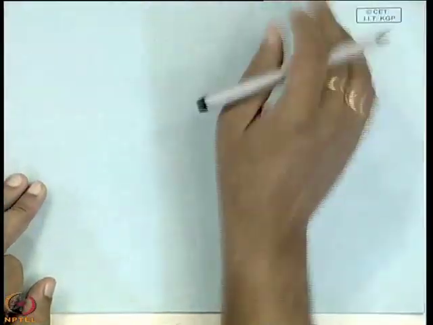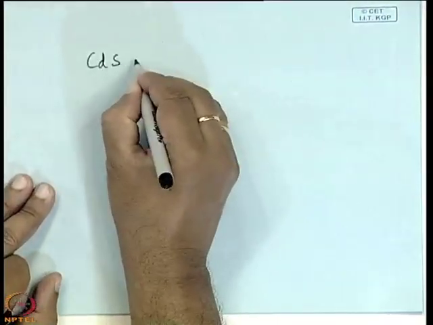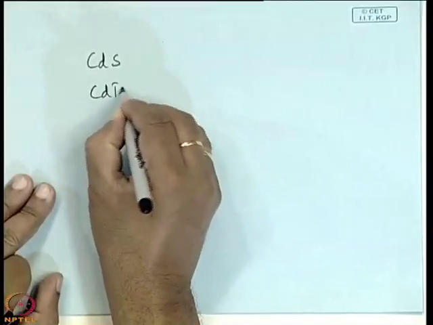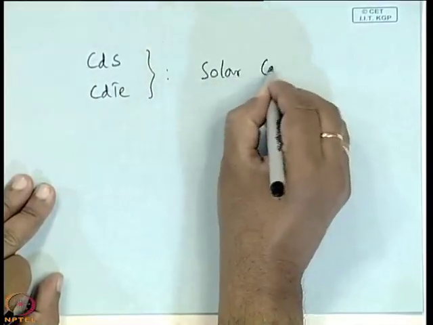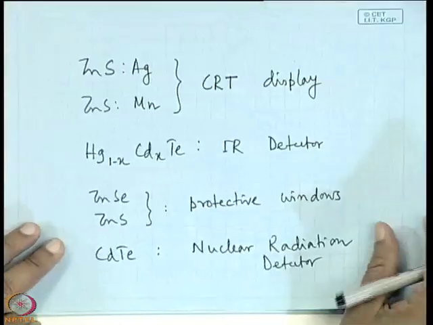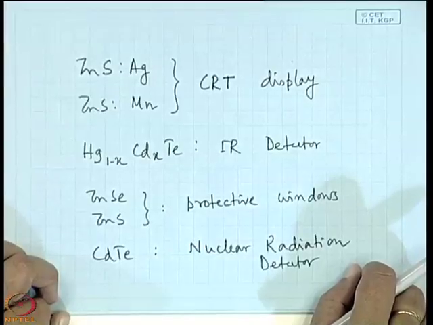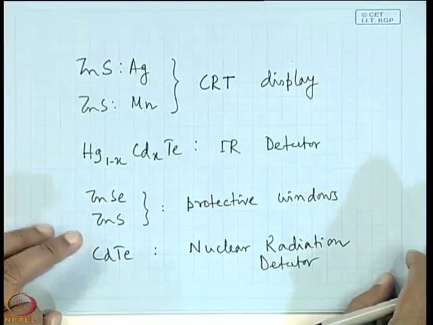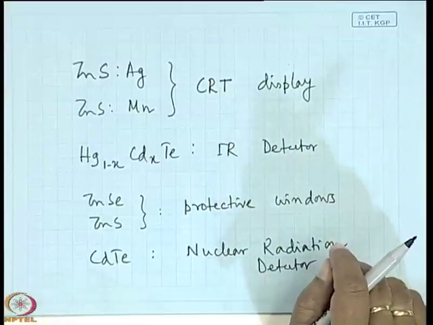Then I have cadmium sulphide and cadmium telluride also, which are used for solar cells. So, these are the various types of applications that can be made out of 2,6 materials. Mostly those are optical in nature.